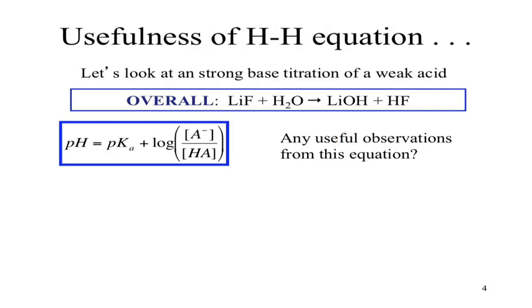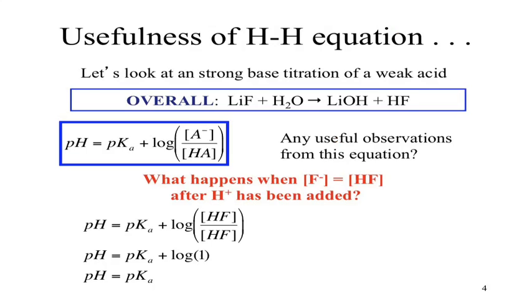Okay? It can help solve a lot of these buffer problems. That expression, which we just solved for, is slightly rearranged. I shuffled it around to solve for the pH, because in most cases we want the pH. The observation that we pull from this we've already seen. If the concentration of our conjugate base and our acid are equal to each other, the pH is equal to the pKa.